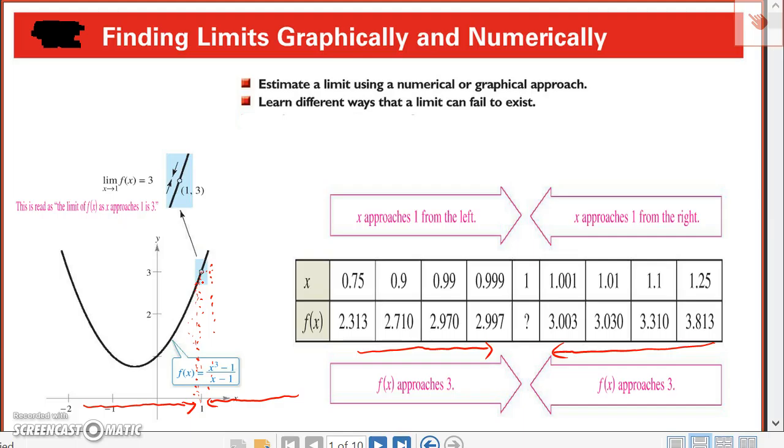Same thing from the right. If we approach this from the right, it is getting closer and closer to 3 as the y value. Therefore, as x approaches 1, the value of the function gets closer and closer to 3.